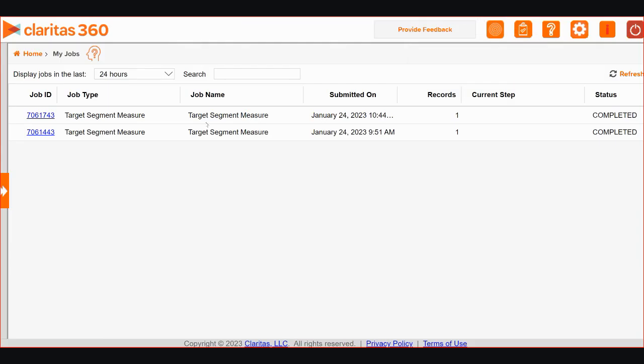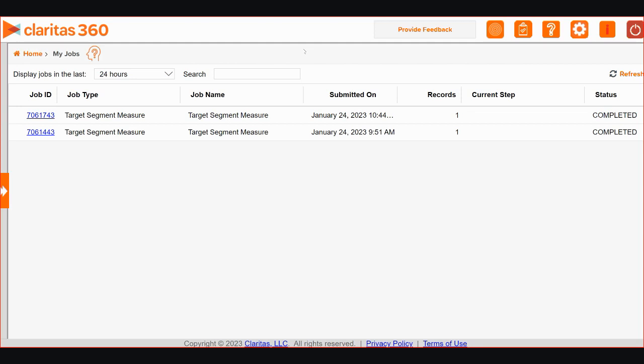And now back in Claritas 360, remember we went to My Jobs, which is this little briefcase with a check mark, and as you can see, these are all of the reports that have been run by anyone at JWU within the last 24 hours because we all share one account. Now, this is the most recent one at the top.